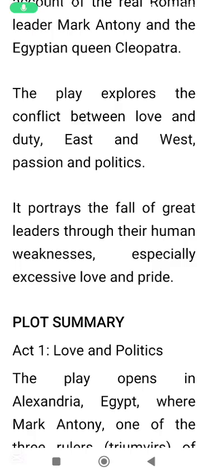Now, in literature, whenever there is a downfall of the main character or the protagonist in a story, and it is due to his weaknesses, we call it a tragic flaw. We call it a tragic flaw, meaning that the weakness of that particular character causes his downfall in that story. Especially excessive love and pride. These are some of the things that are evidenced in this play.